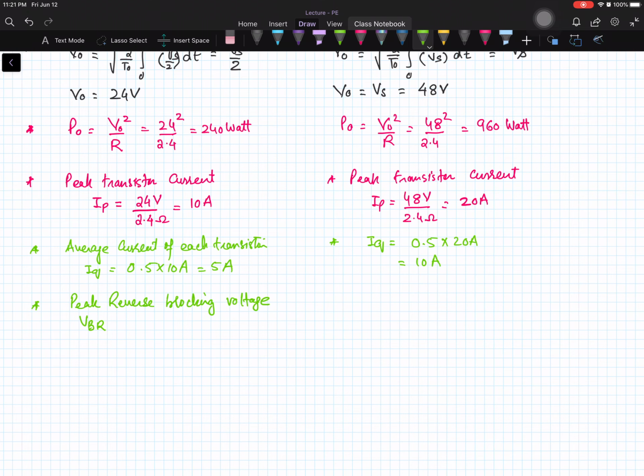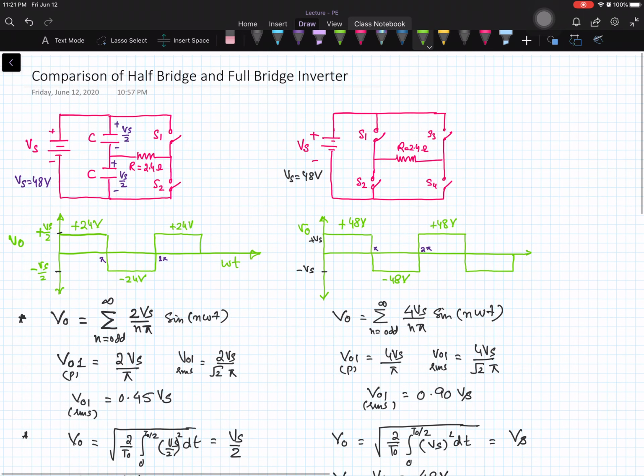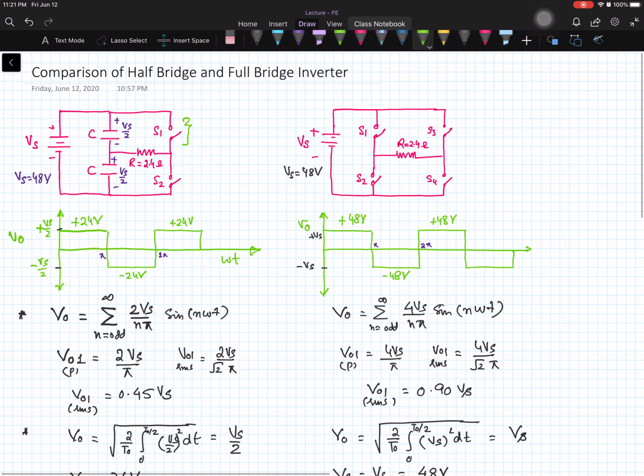If I look at the circuit and consider switch S1, how much reverse voltage will it have to withstand? When switch S2 is in the on state, the voltage across S1 will be Vs by 2, and similarly when S1 is on and S2 is off, the voltage across S2 will be Vs by 2.